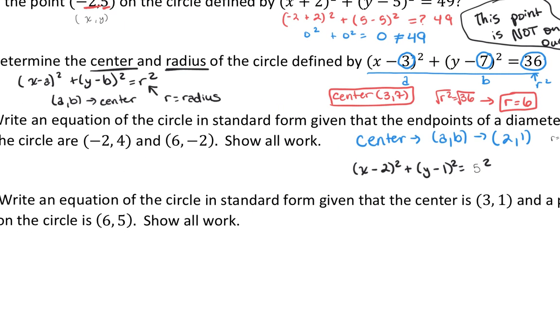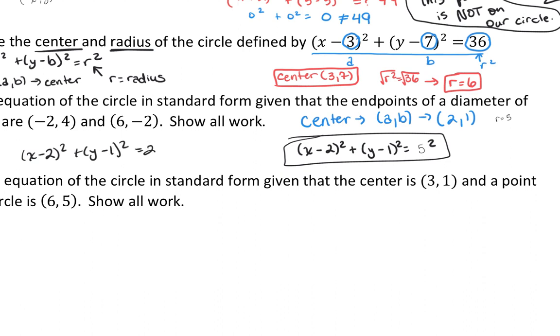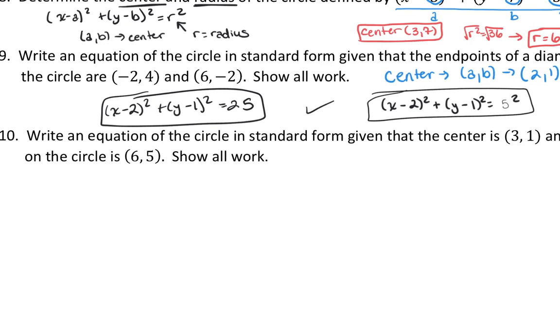So now you can keep your answer as just this, or you can rewrite it as x minus 2 squared plus y minus 1 squared equals 25. And both of these answers are correct.